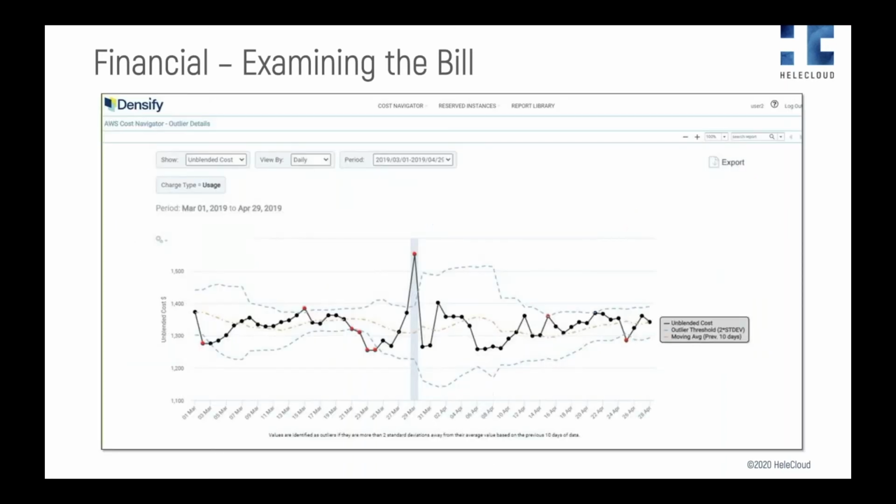Although Cost Explorer is useful, Densify can provide you with more nuanced views of your spend by using its outliers feature shown here. This can spot anomalies both above and below certain thresholds using a moving average, alerting you to when your spending isn't what you'd expect. In this case, you can see a spike which happened on a Friday when the development team did a full volume test prior to a release.